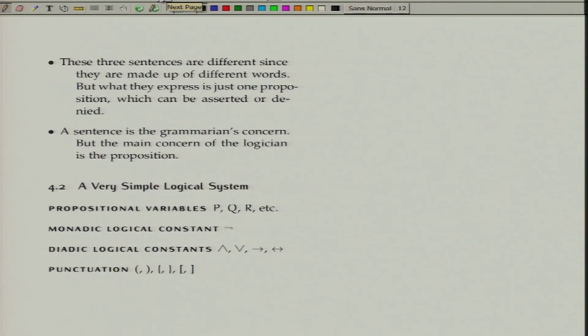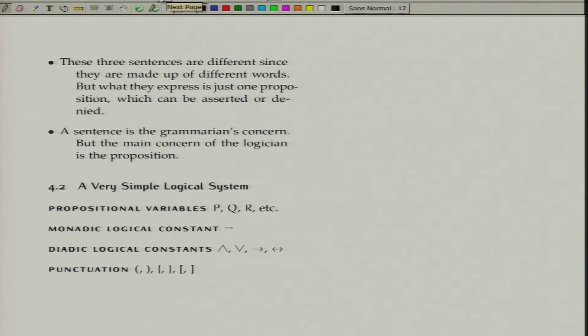Ram's saying I'm useless, and somebody's saying that he is useless about Ram, and somebody's saying to Ram that you are useless. So that thing is a proposition. A proposition is either an assertion or a denial.